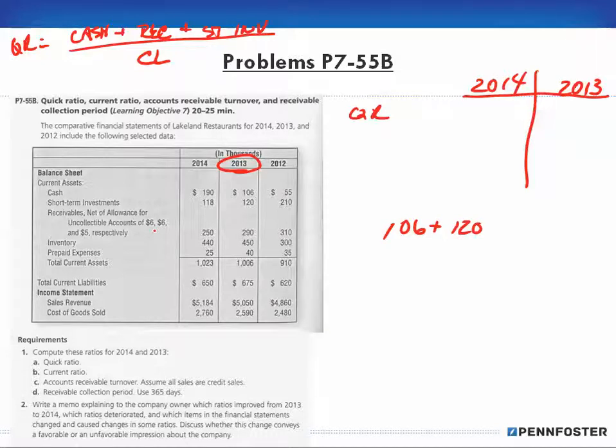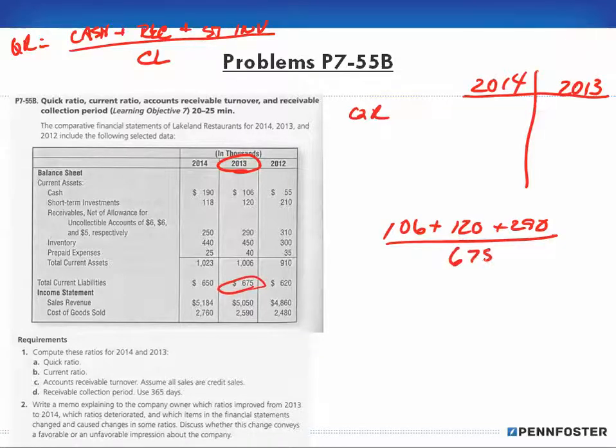So that is 290, and that's over our current liabilities of 675.